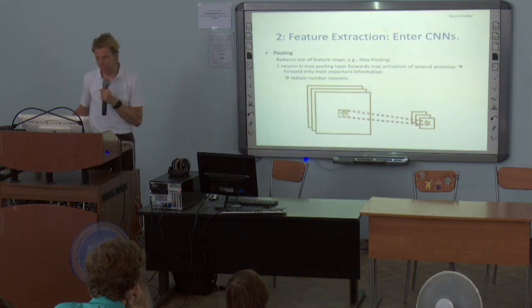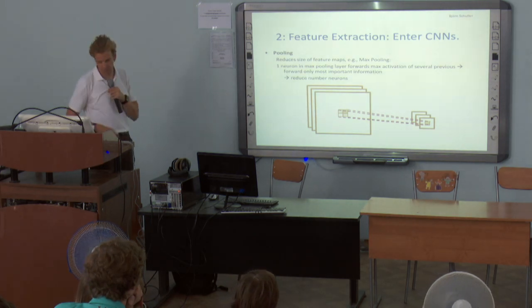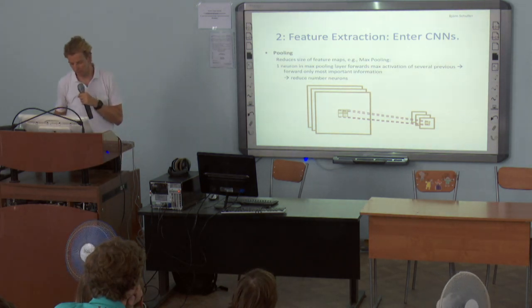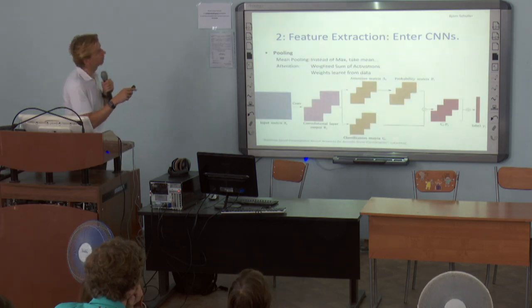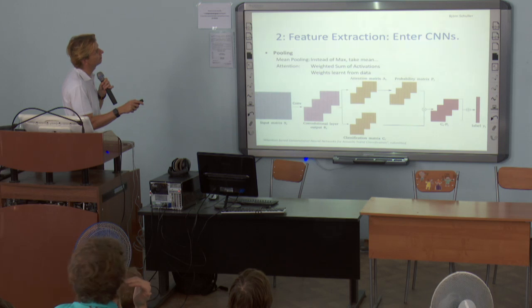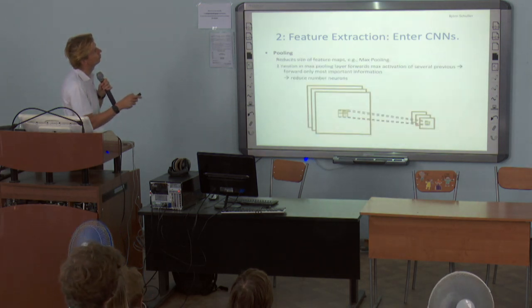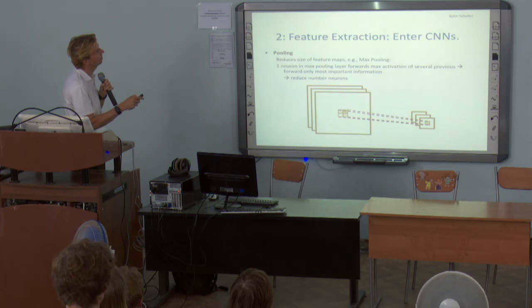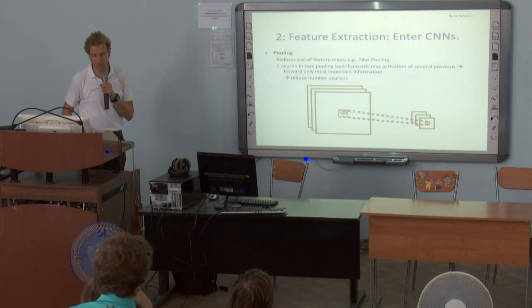Alternatives are mean pooling, where you build the average over those four to not neglect less active ones, and the most fancy one probably is attention-based pooling, where you have the convolutional layer with an attention matrix, potentially translated into something like probabilities, to essentially do a weighted sum here, not just a mean with equal weights, but you learn weights for each of these points to forward it to the next layer.